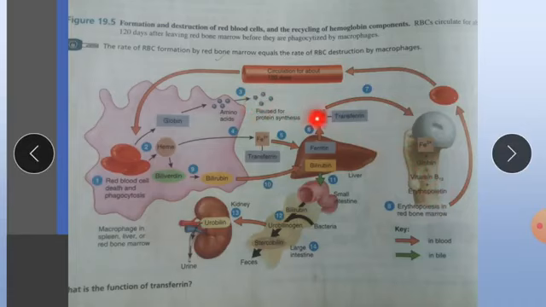These globin molecules can be taken back from our blood and attached to the heme, and again it will form hemoglobin, responsible for production of RBC. So in our red bone marrow, the formation of RBC will occur again.